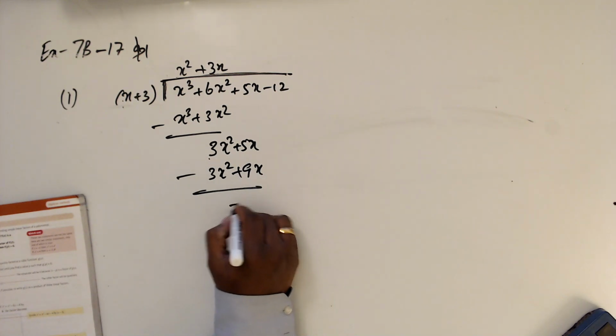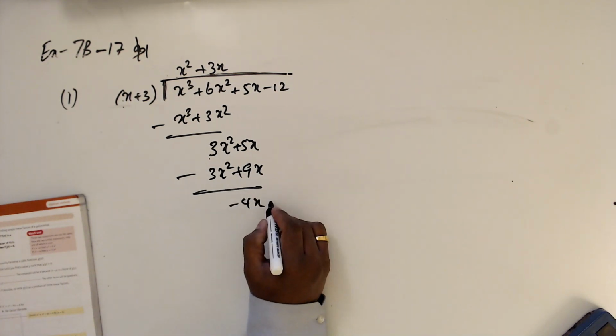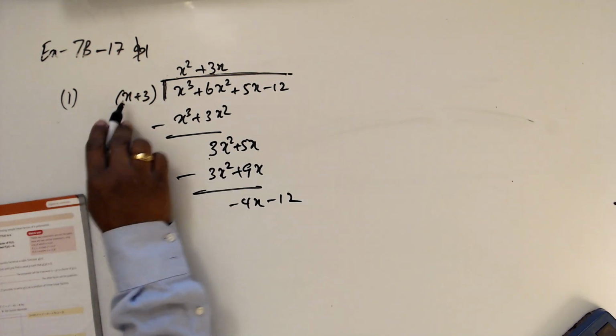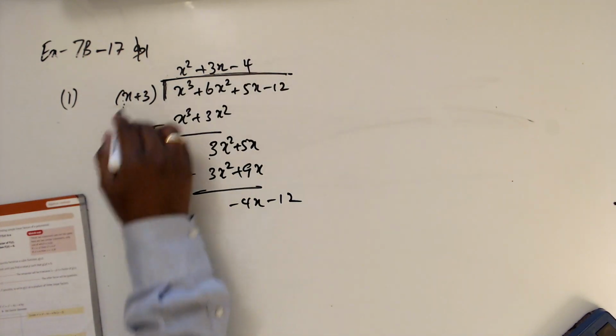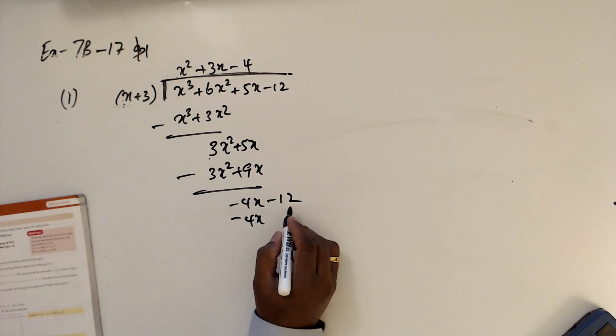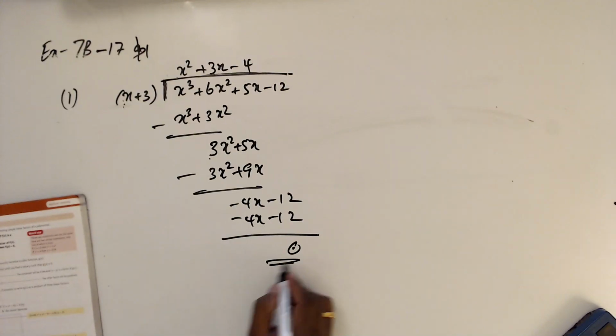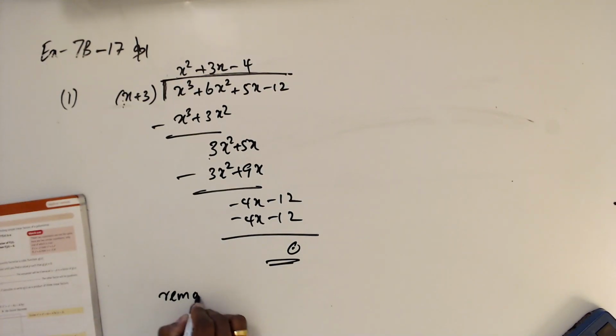Then this is going to be minus 4x minus 12. And x has to be, then this is minus 4. I want to make minus 4x minus 12. And this is 0. So the remainder is 0.